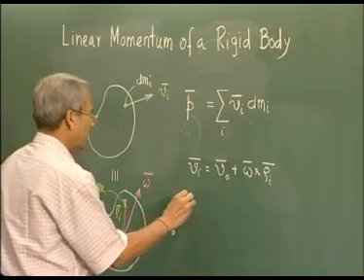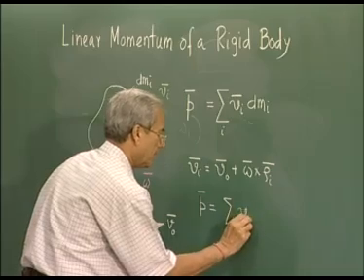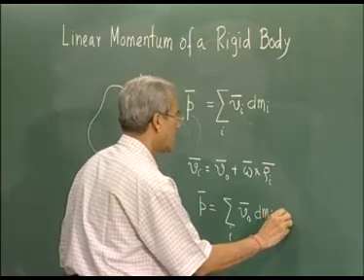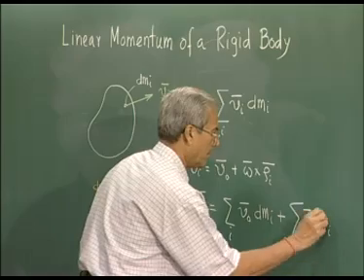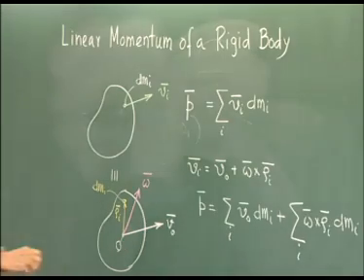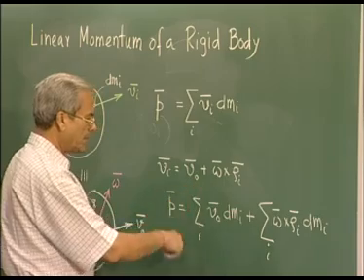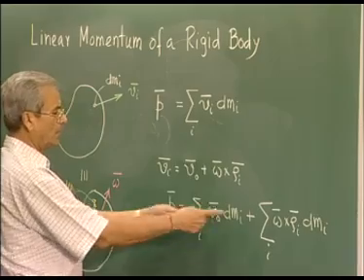So, with this we can write now p is given by the sum over i, over all the particles. Now, in this case we find that this summation is over all the particles, where this vO is common to all particles.